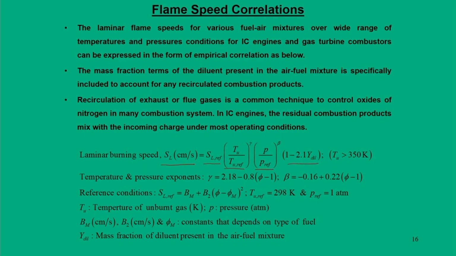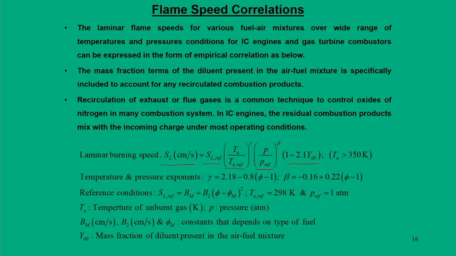That means, in many IC engines, we circulate the exhaust gas again into the engine. So, it affects the equivalence ratio. In turn, it has a negative effect with respect to flame speed.